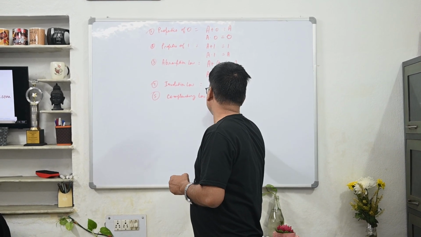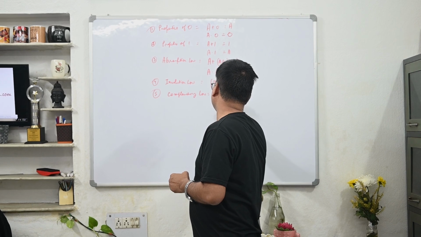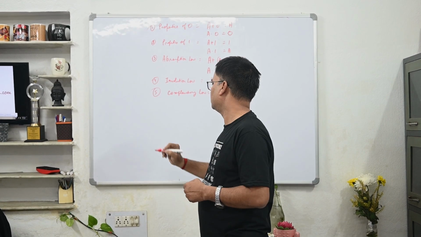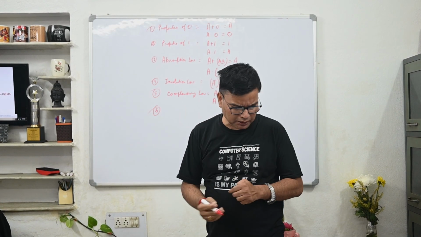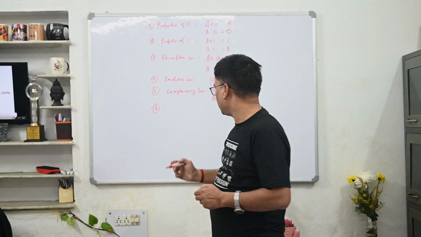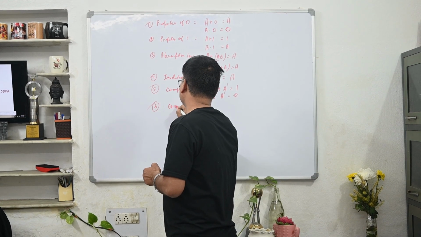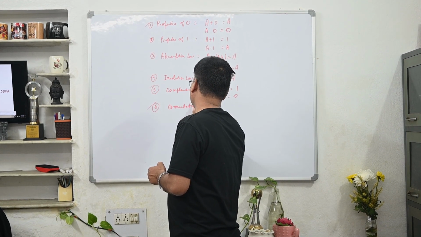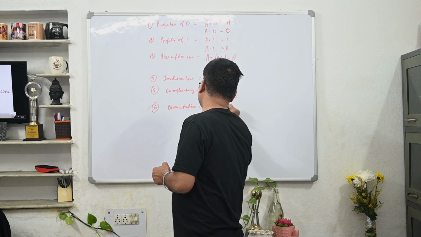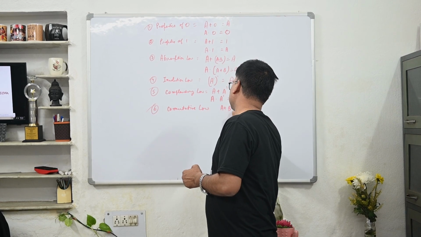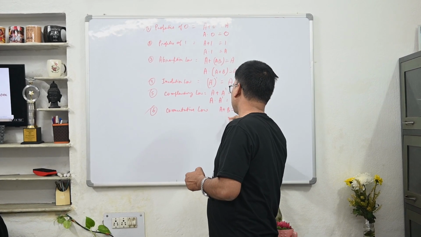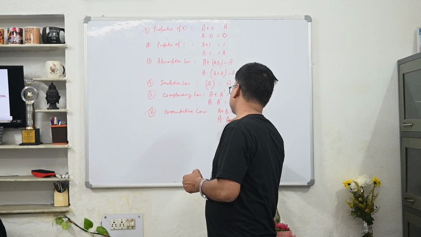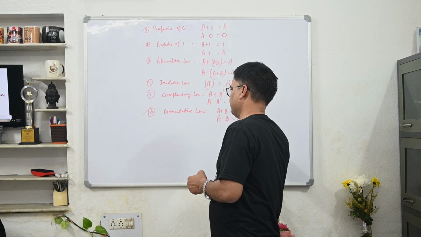And the other complementary law is A dot A bar equals 0. Next we have the commutative law. Commutative law states that A plus B is equal to B plus A, or A dot B is equal to B dot A.